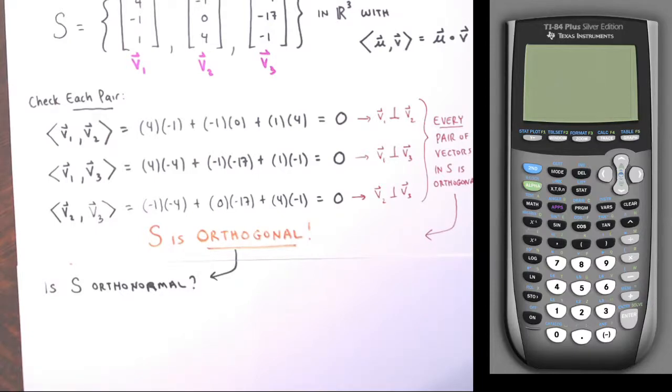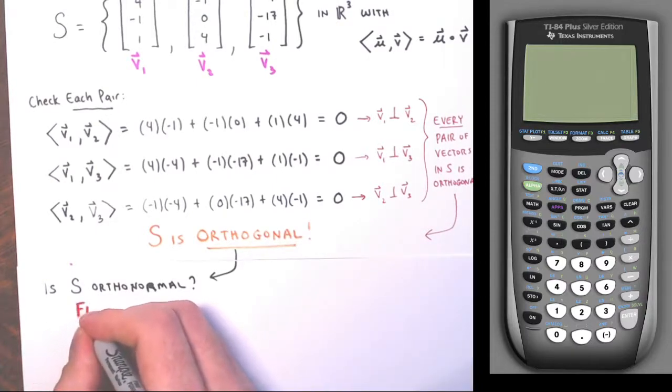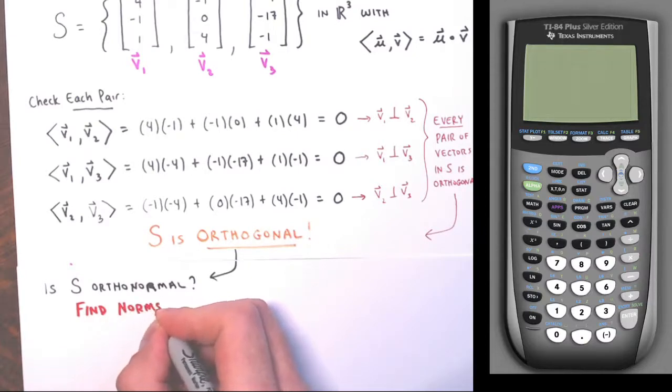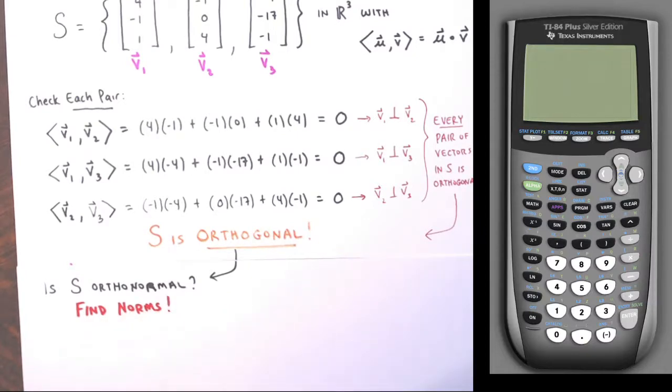Every orthonormal set is orthogonal, but not every orthogonal set is orthonormal, as we'll see in a second here. So to answer this question, we're going to find the norms, the magnitudes of each vector.